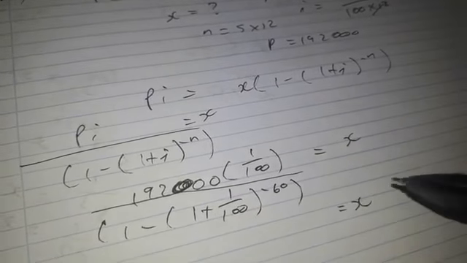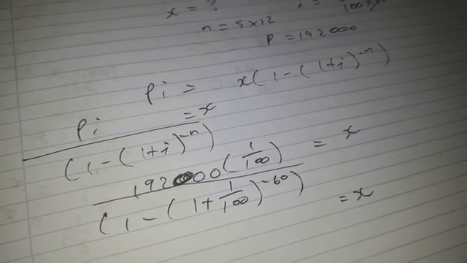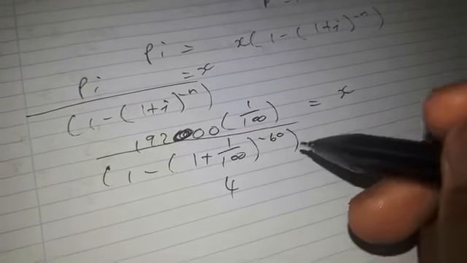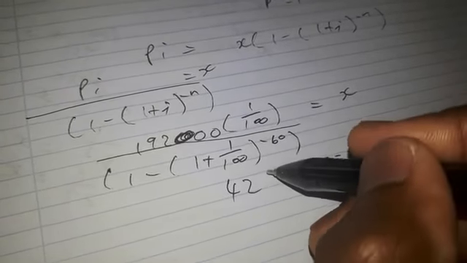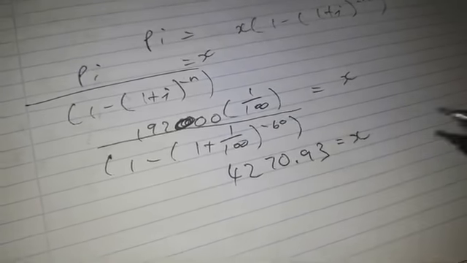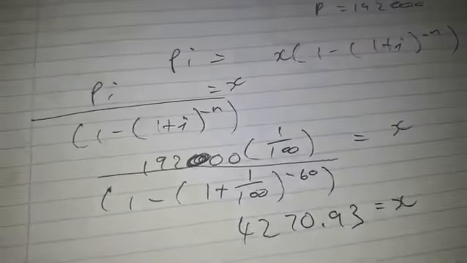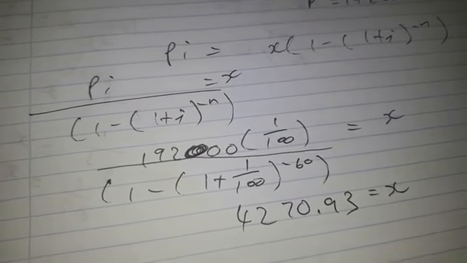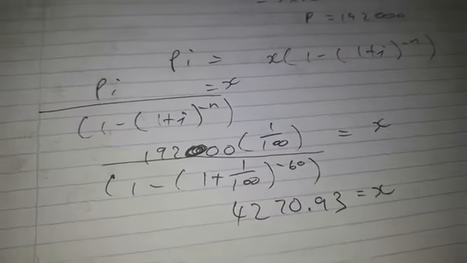So here our x value, if you throw all that into your calculator, you're going to get 4,270.93. Yeah, this interest rate was madness. So with this being said, I think it was okay, I guess. That's our x value.